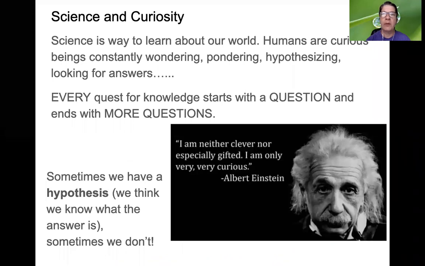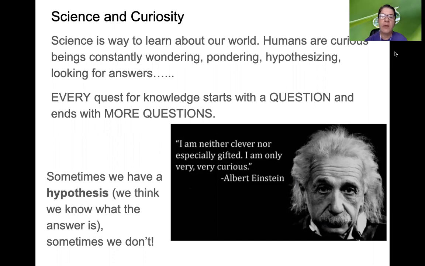And again, we're going to start with the favorite quote of our favorite neighbor scientist, Albert Einstein. It is all about curiosity, right? So science is a way to learn about our world, and humans are really curious. We're constantly wondering, pondering, hypothesizing, looking for answers.